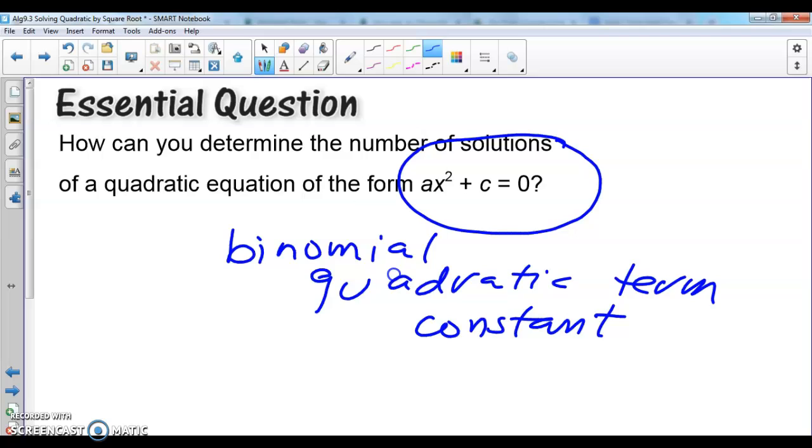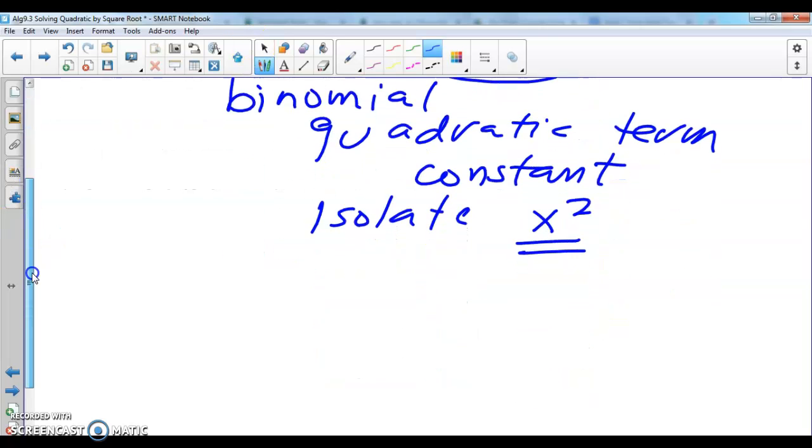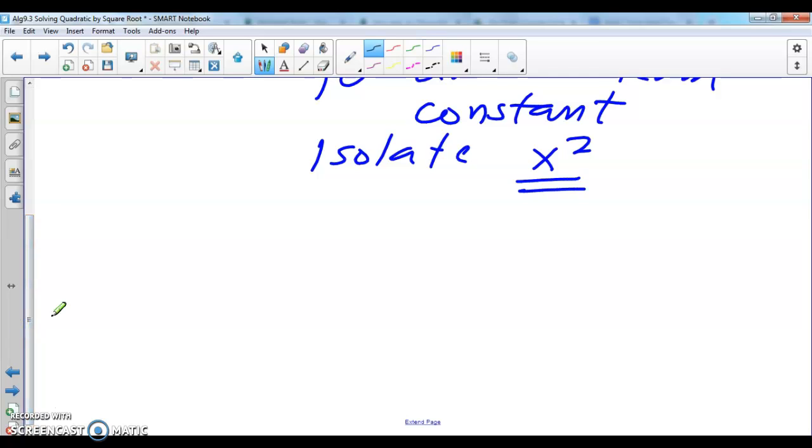So if you're going to solve equations of this form, you have to isolate the squared term. So how are you going to do that? If you're given ax squared plus c is equal to 0, first you have to move the c over.